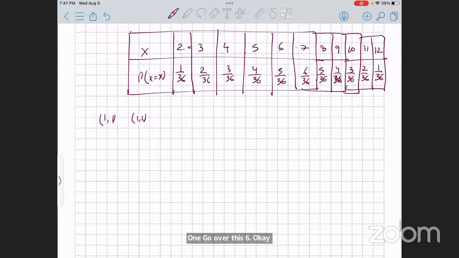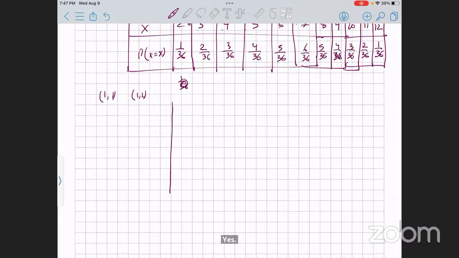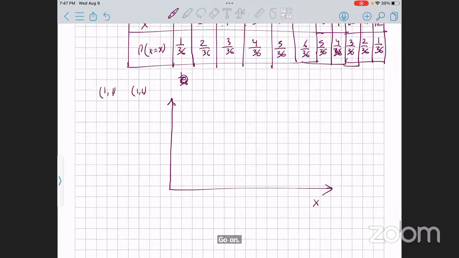Now if you want to plot the graph of PMF, the random variable will be on the x-axis and probability on the y-axis.